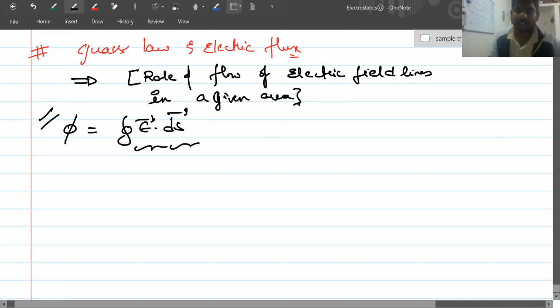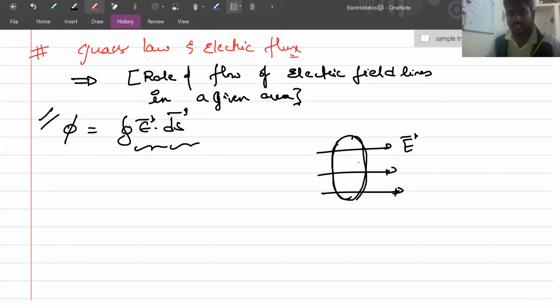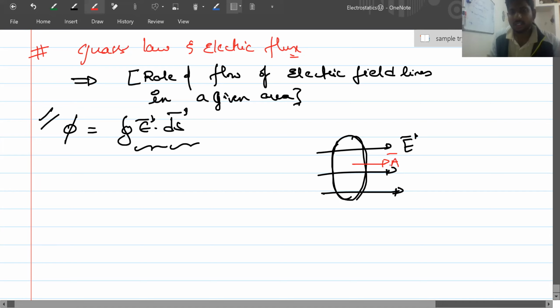So suppose an electric field is there, which is represented by these electric field lines as discussed in the previous class regarding electric field lines. This is an area A which has an area vector in this direction. Here the number of field lines going through this particular area is 3.